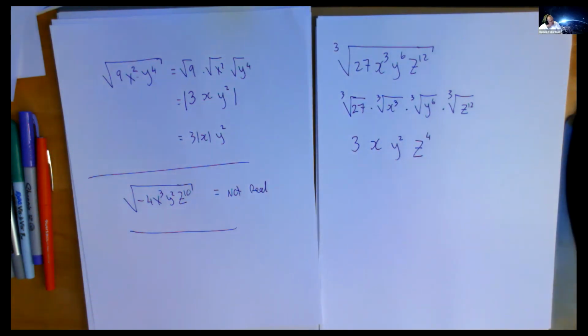Does this guy need an absolute value around anything? No. And it doesn't matter how weird the cube root is, the answer's still no. That's final. Nothing else to do.